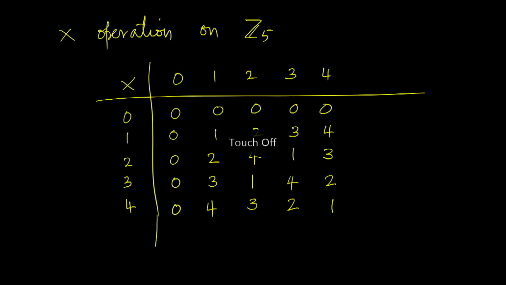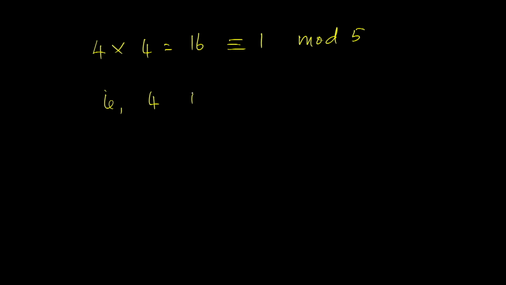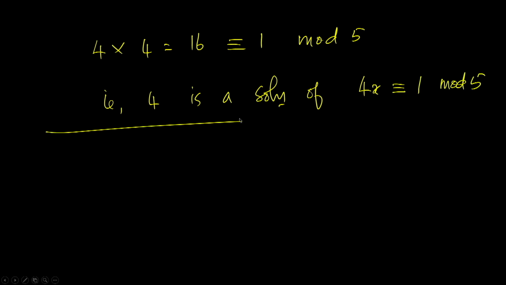So, from the table, you find that 4 into 4 is 16, which is 1 mod 5. For example, 4 is a solution of 4x equals 1 mod 5. Recall we solved such equations using Euclid's algorithm.